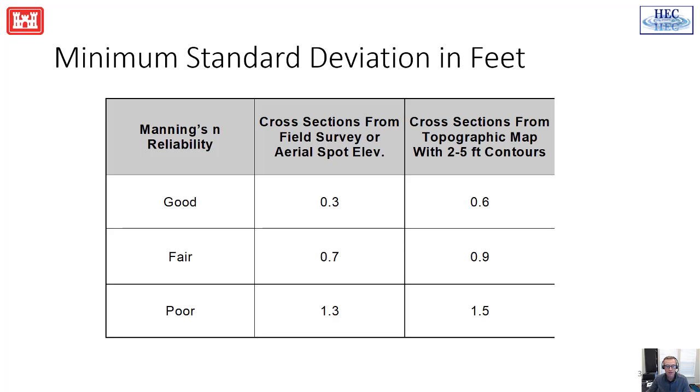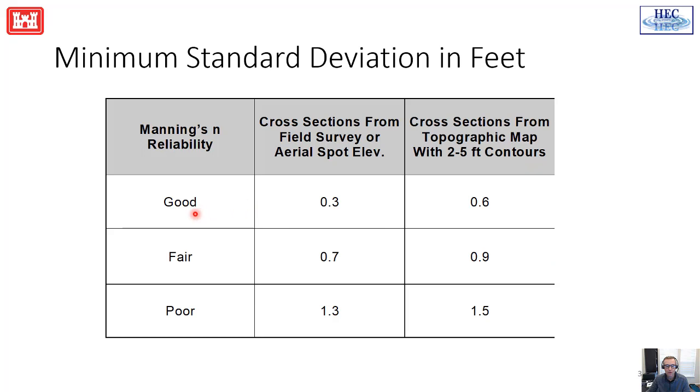So if we take a look at the table, you'll see the data is broken up into Manning's n values: good, fair, and poor. Good meaning good field data, calibrated hydraulic model. Poor being estimated n values from poor data. And then we have elevation data from either field survey or aerial data such as LiDAR data versus poor elevation data from topographic maps based on various contour intervals.